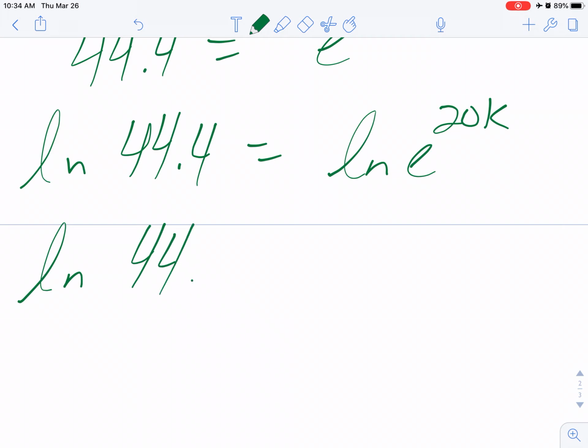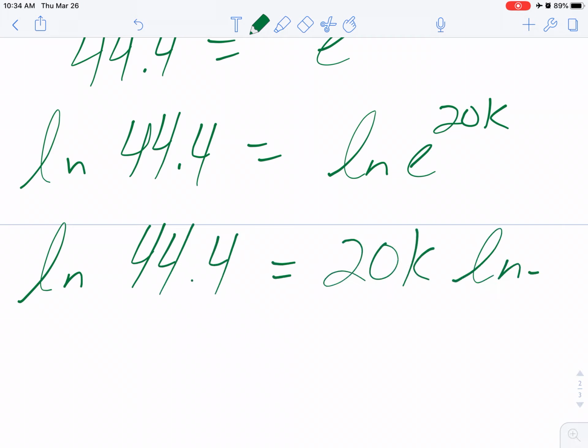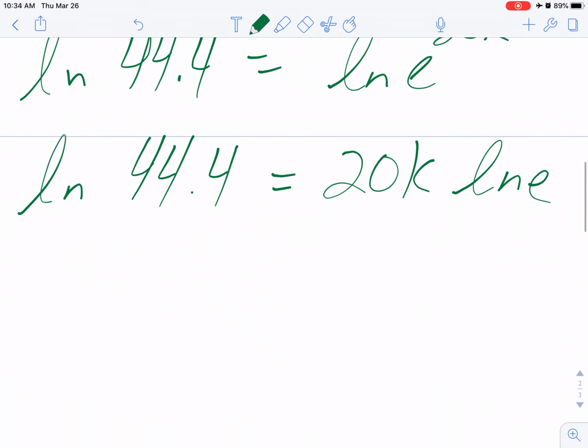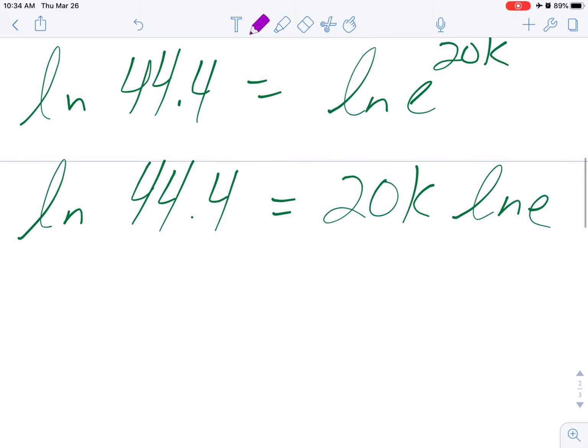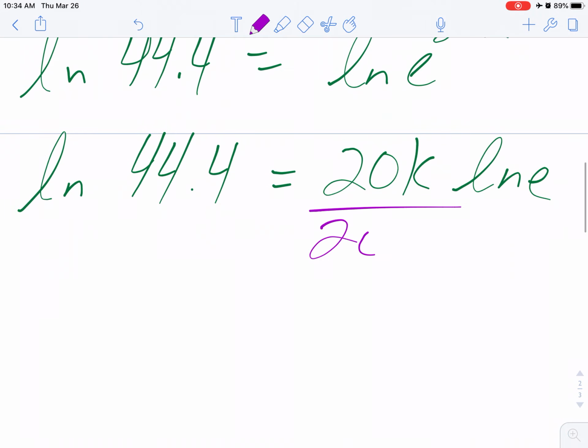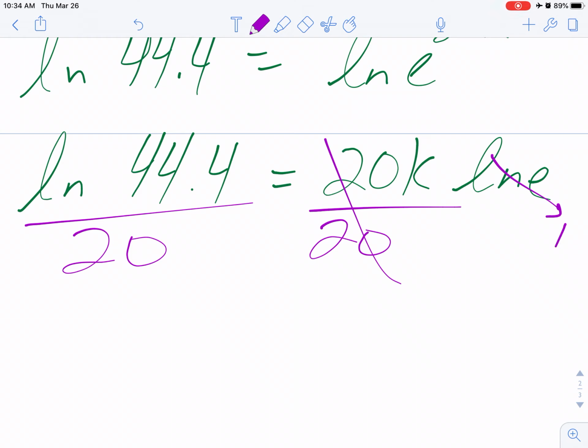And you'll see most of these problems follow the same general procedure. You divide, you take the ln, use the power rule, you divide again. ln of e is 1, so you don't need that. So if you take ln of 44.4 divided by 20, you should get your value for k.